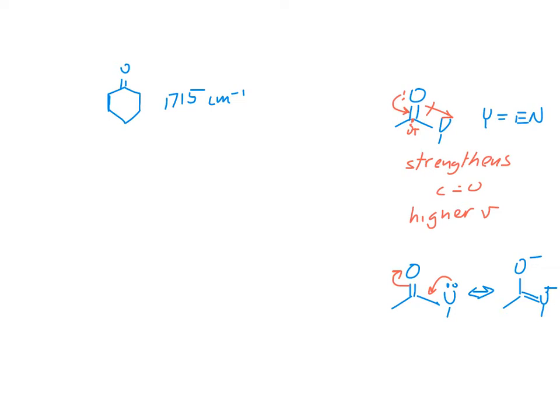And notice that in this new resonance structure, there's a single bond character to the carbonyl. Right? So this resonance here, if that's present very much, is going to weaken the carbonyl bond. And so this should cause it to go to a lower frequency.